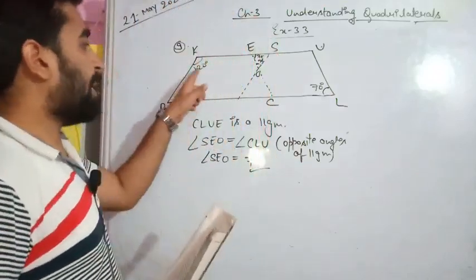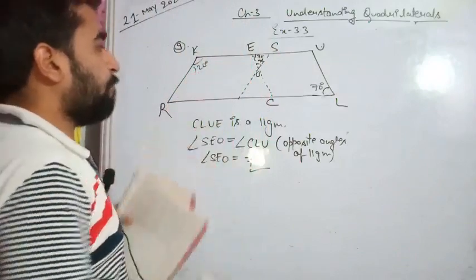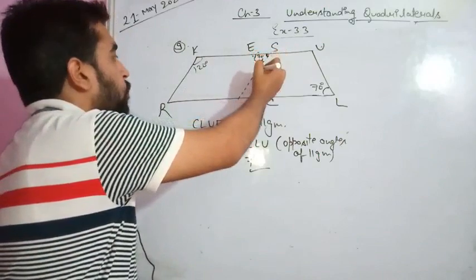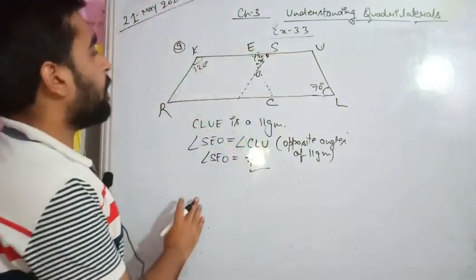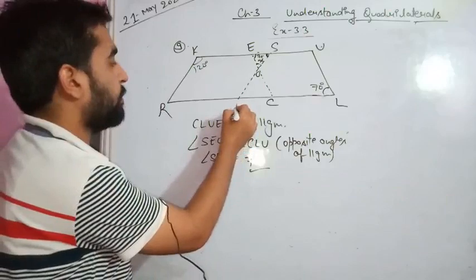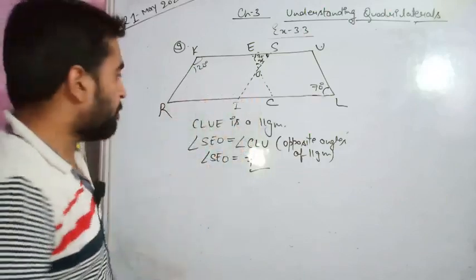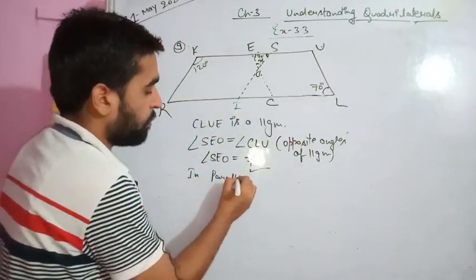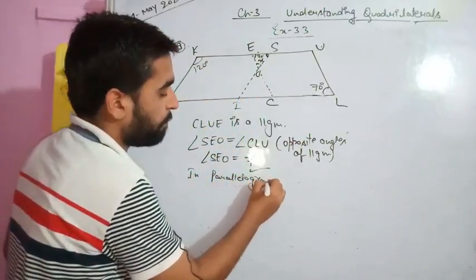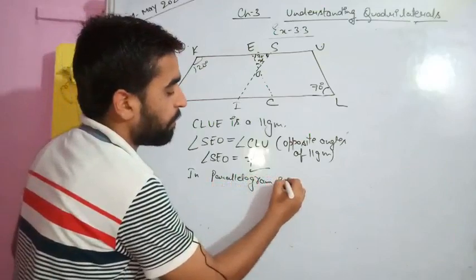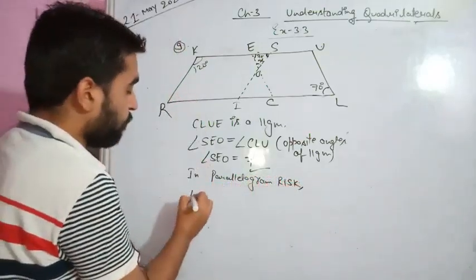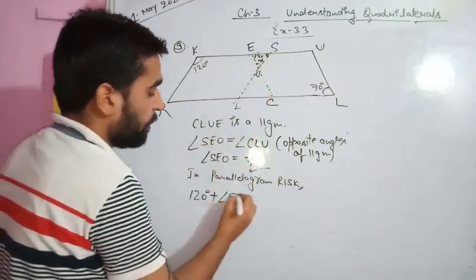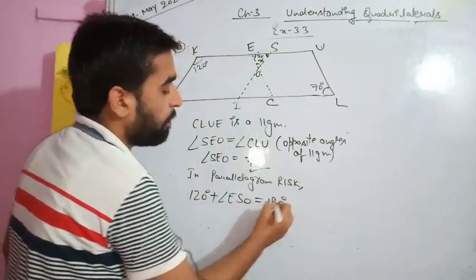Now students, this angle is 120 degree. And for the missing angle, this angle ESO, we should use the parallelogram RISK, that is the full name. So in parallelogram RISK, what is the property which we have to use? This angle is 120 degree and this angle ESO, the sum of these two will be 180.